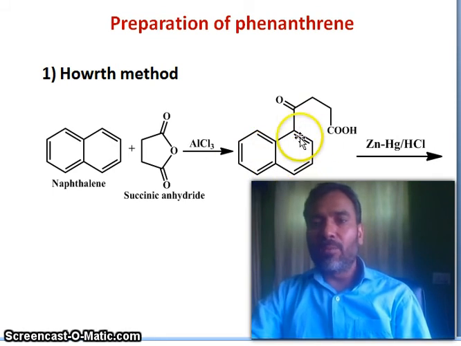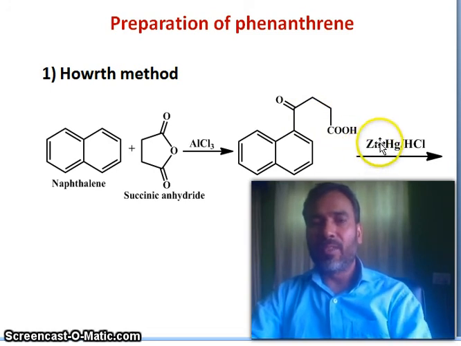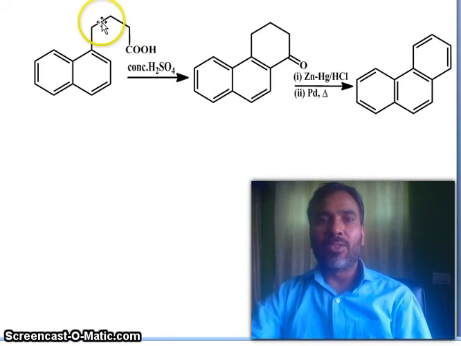Here you can see there is a carbon-oxygen double bond, and this undergoes reaction and is converted to CH2 in the presence of zinc amalgam and hydrochloric acid. Now the CO is gone, and here is CH2.